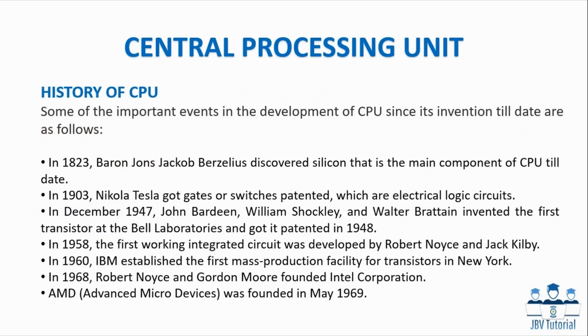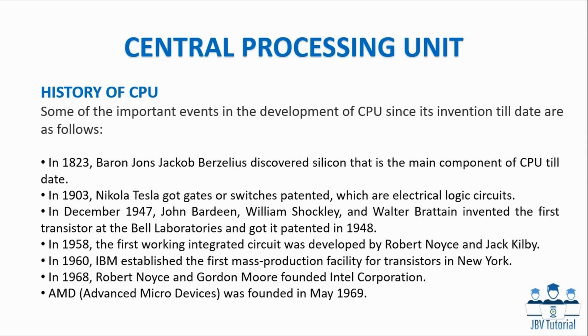History of CPU. Some of the important events in the development of CPU since its invention till date are as follows. In 1823, Baron Johannes Jacob Berzelius discovered silicon, which is the main component of CPU till date. In 1903, Nikola Tesla got gates or switches patented, which are electrical logic circuits.